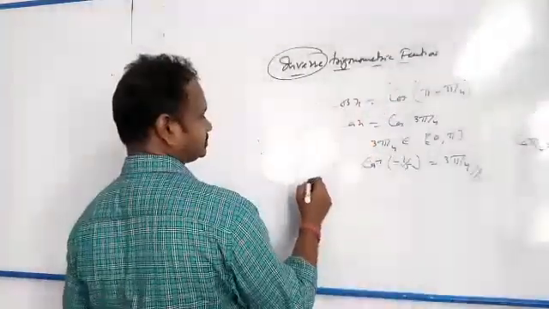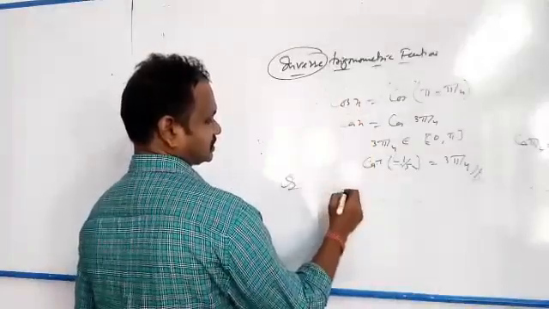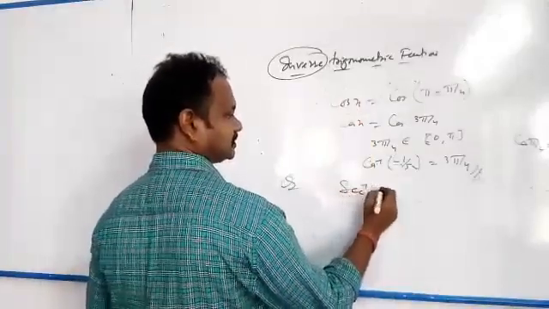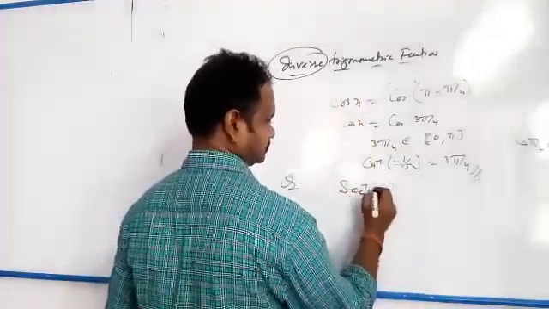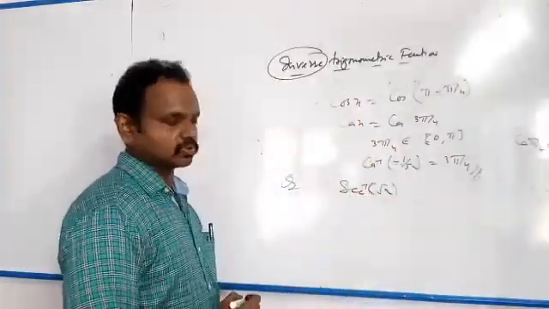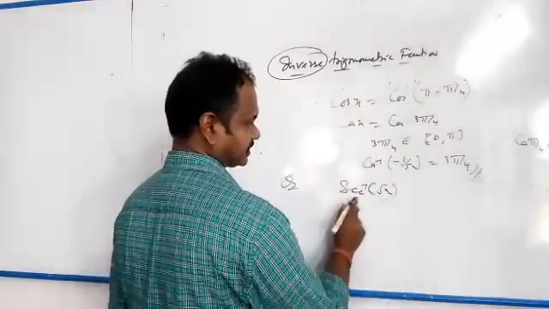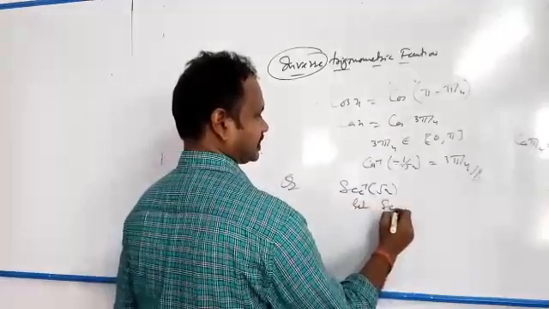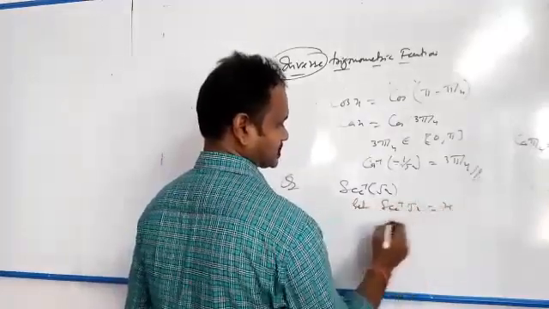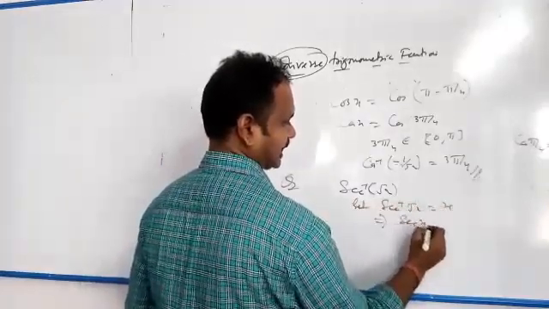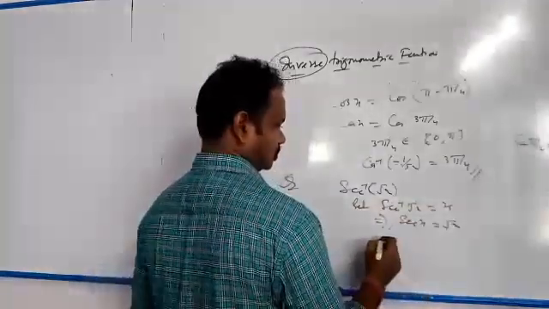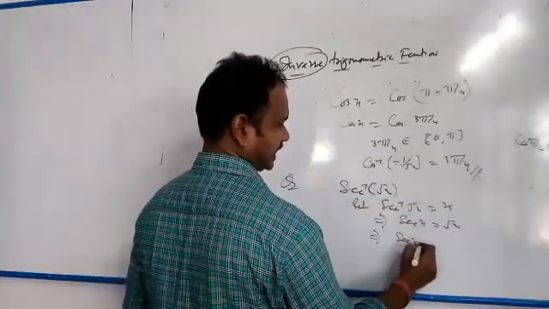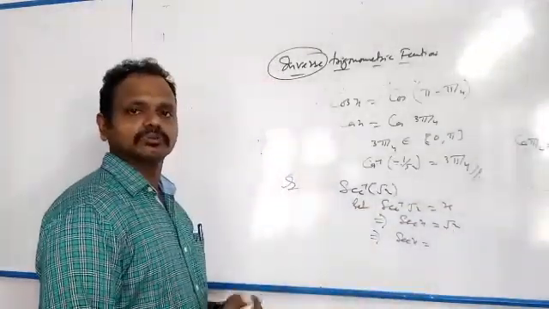Next is sec inverse root 2. So we can write that sec inverse root 2 is equal to x, which implies sec x is equal to root 2. Which angle gives root 2? Pi by 4.